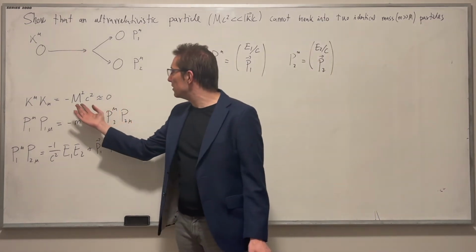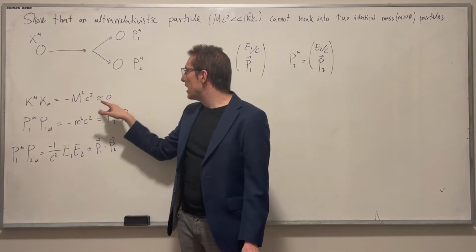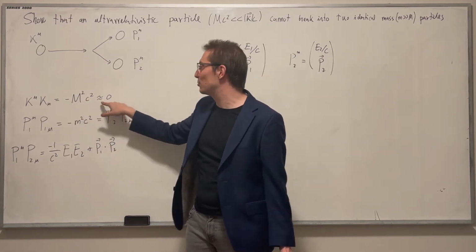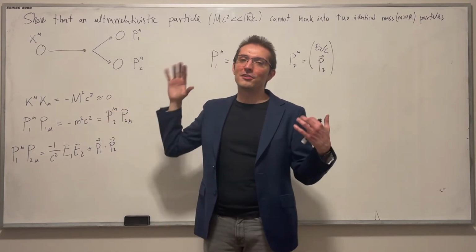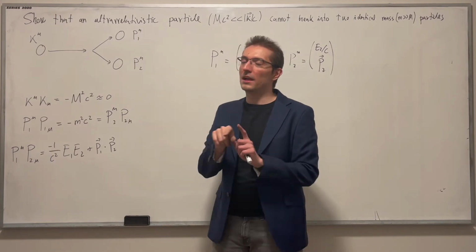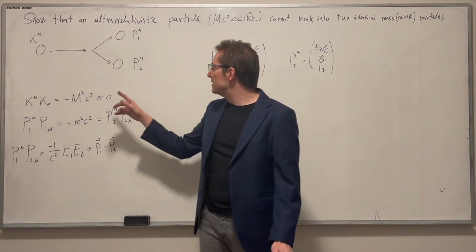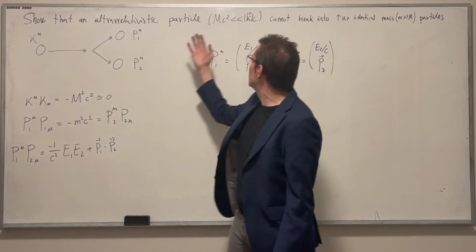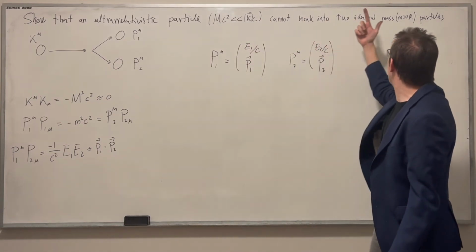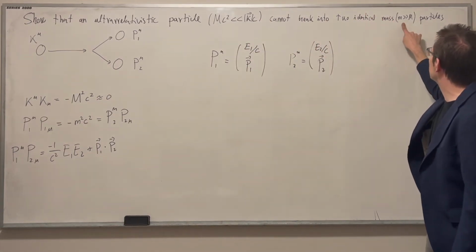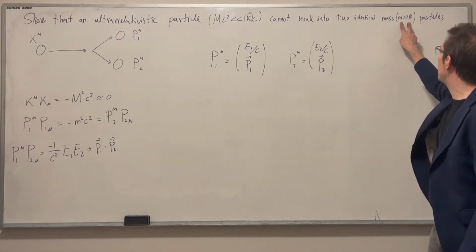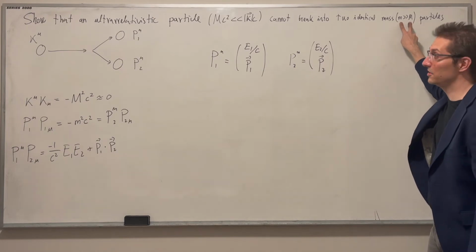Now, I wrote here that this is of course minus m squared c squared, and there's a bit of an abuse, because in the case of the photon, this would be an equal sign. But we're not saying in the question that we're limited to the case of a photon into a pair of positron and electron. Instead, what we're saying is that the mass is much less than the momentum of the particle that comes in, and we also say that the masses of the two particles that split out are much larger than the mass of the original particle.